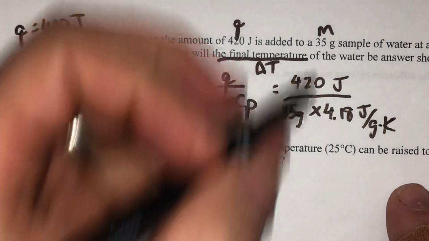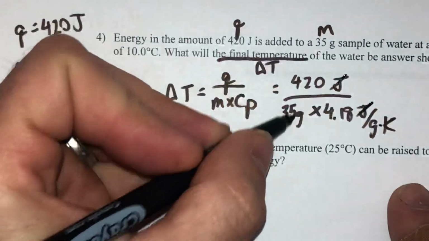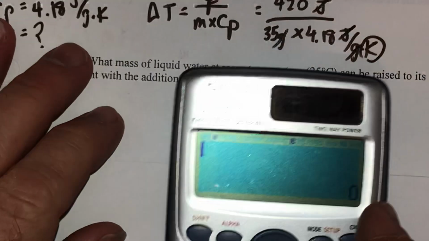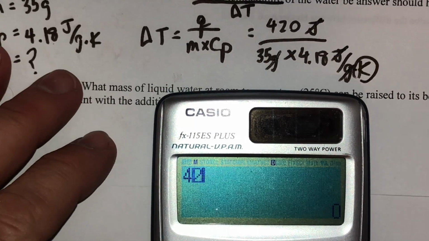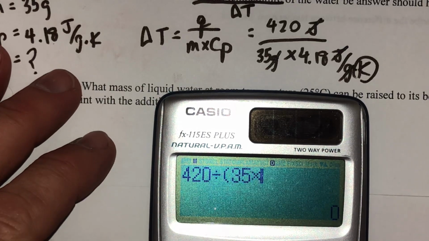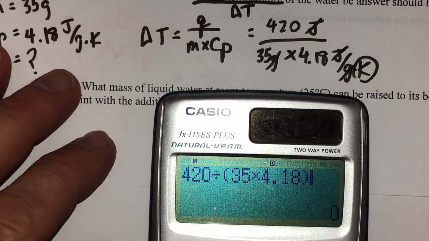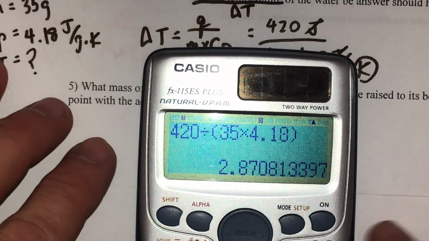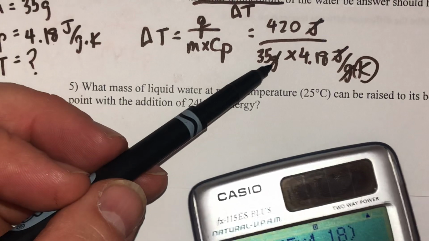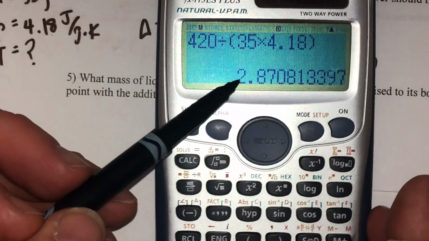So let's cancel units. We can cancel joules and grams, and we'll be left with Kelvin. So 420 divided by 35 times 4.18. We have to round this to 2 digits because of that value right there. So that would be 2.9.